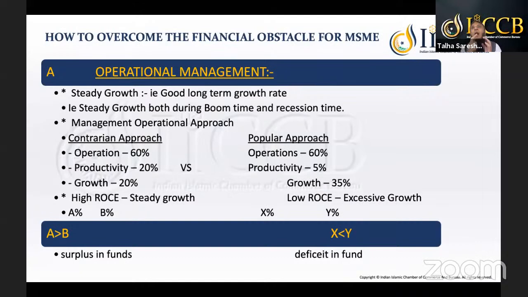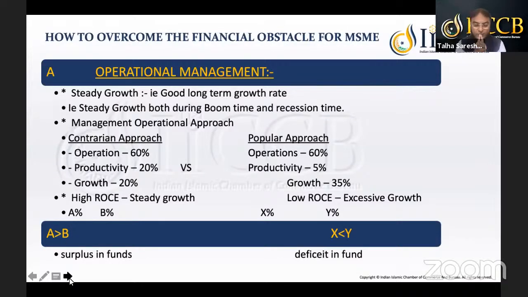Then your ROCE would be higher than your growth. If your growth is 15%, definitely your ROCE will be 20%, meaning you are saving 5%. Your A is greater than B in the contrarian approach, where you will be surplus in your funds.